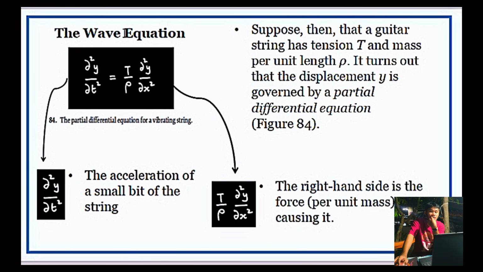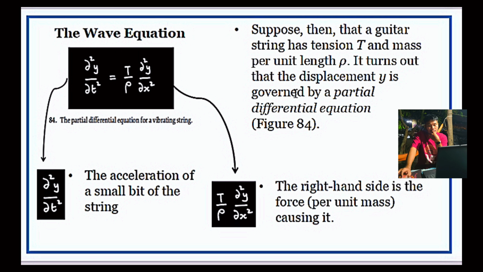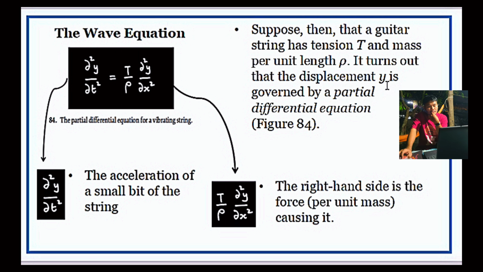Now let's move on to the wave equation, this one. Suppose that a guitar string has tension, which is the T, and a mass per unit length, represented by a small p. It turns out that the displacement y is governed by a partial differential equation, this one, the equation that comes from the wave of the string.